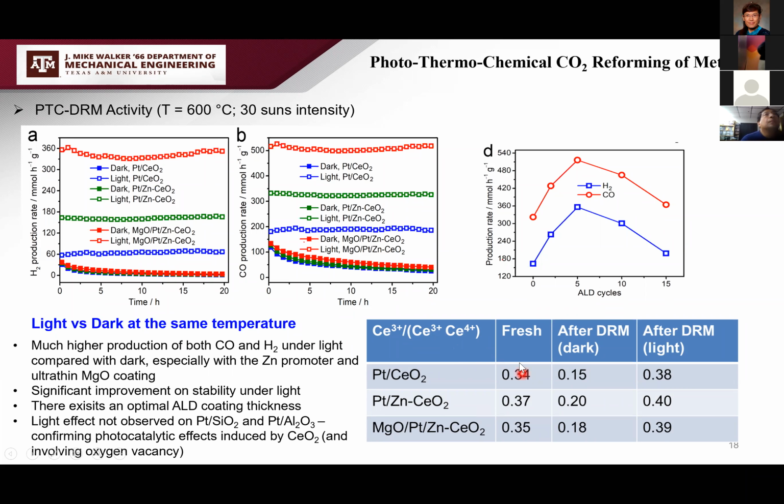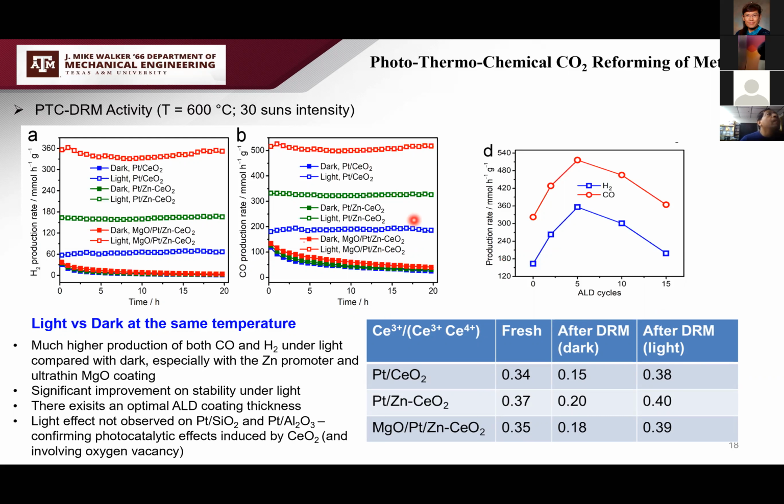You can see the fresh one is about 33%, and if it's done only in dark condition, the cerium 3+ population dropped significantly for all these materials. However, under light illumination, the population of cerium 3+ is maintained, which corresponds very well with the stability or the activity from the GC measurements.